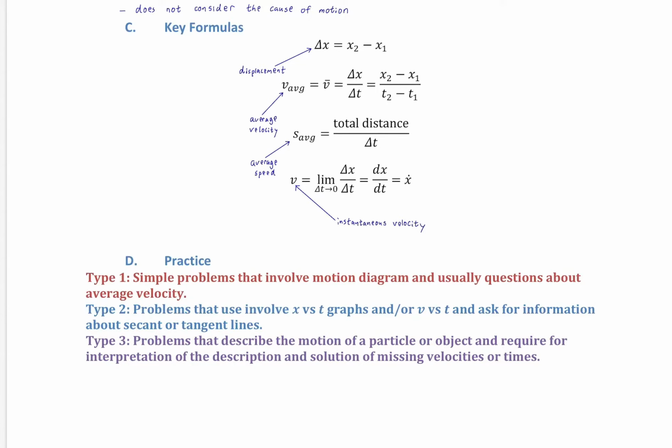The third type of problem are problems that describe motion of a particle or object and require an interpretation of the description and a solution of missing velocities or times, or displacements. There's some missing information you'll solve for. So these three types are really distinguished by the way they're presented. Diagram, graph, words, okay? Not all types of problems in the notes will be split up like this, but this was the natural splitting. And we only have one of each type of problem because they are fairly straightforward.